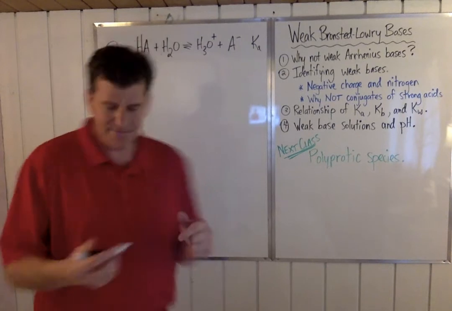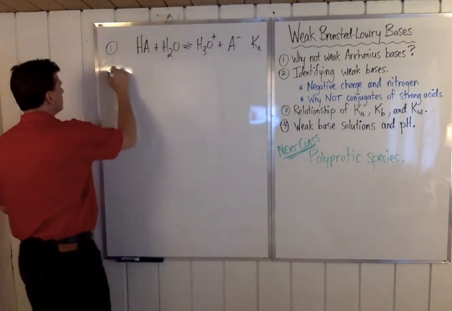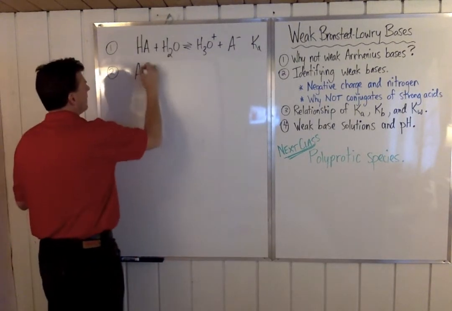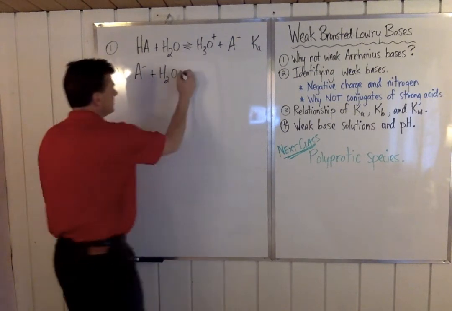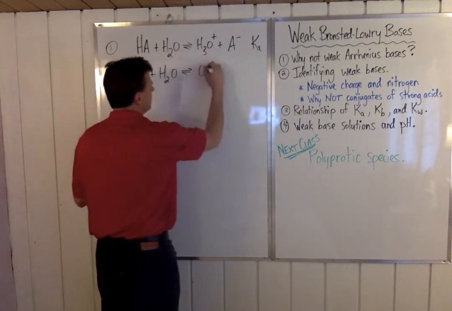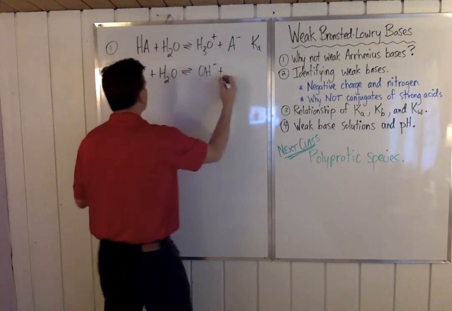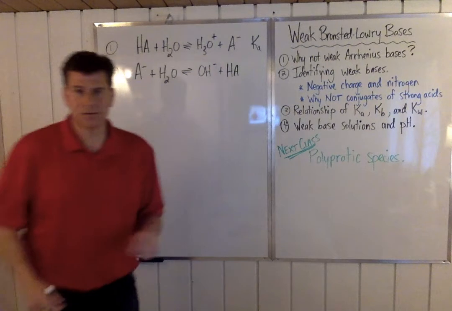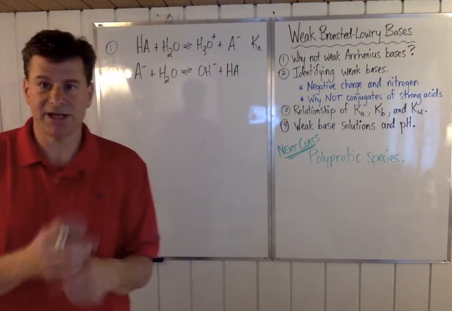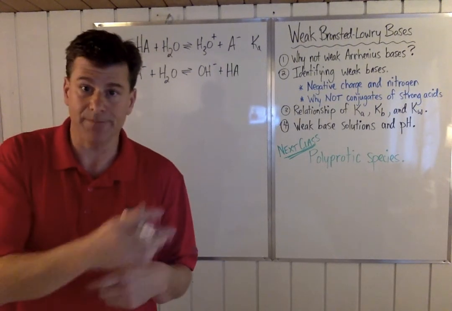If I take the A minus and I put it into water and it acts as a base, it would make hydroxide and HA. So the A minus picks up an H off of the water molecule and makes HA.